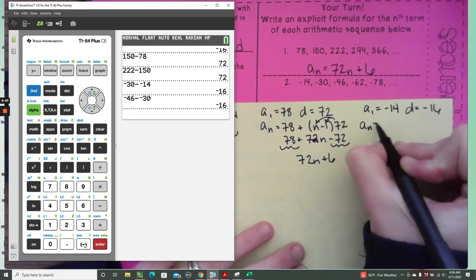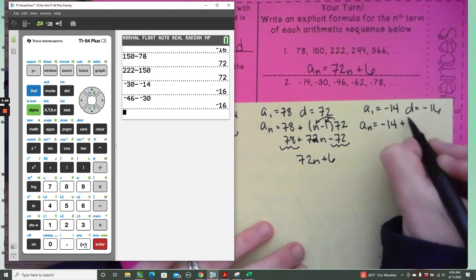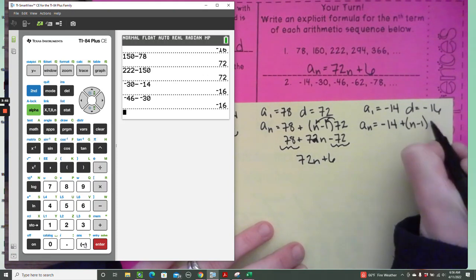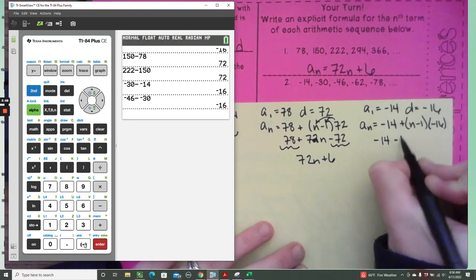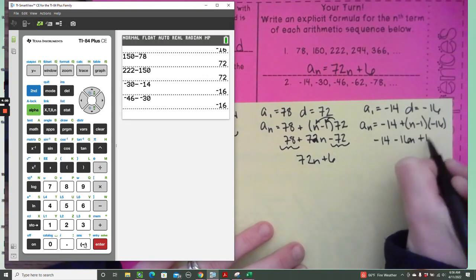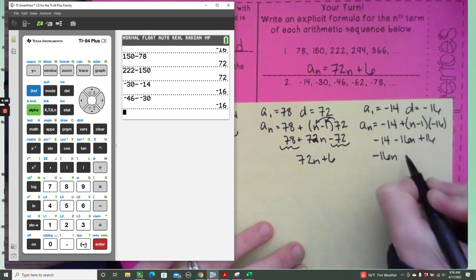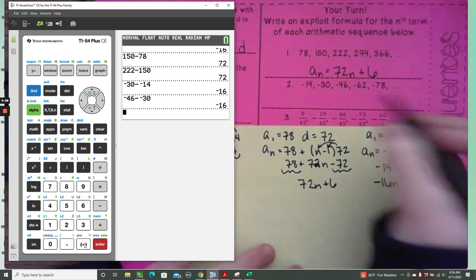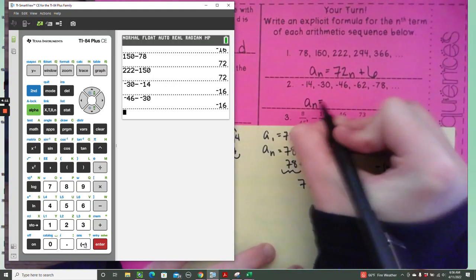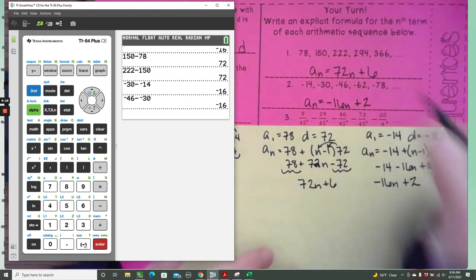So I'd have a_n equals negative 14 plus n minus 1 times that negative 16. So minus 16n plus 16, negative 16n. So negative 14 plus 16 is a positive 2. So a_n equals negative 16n plus 2.